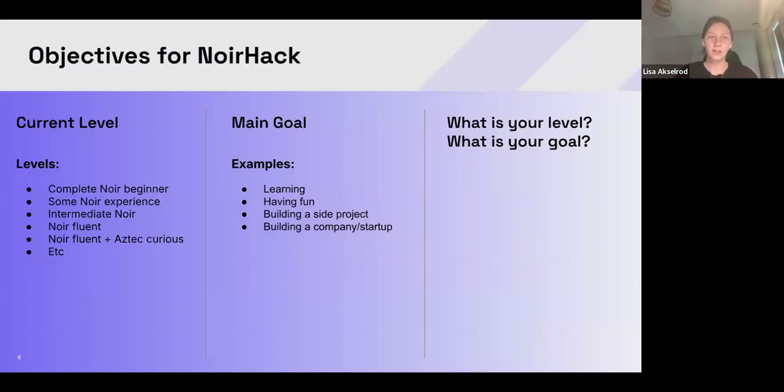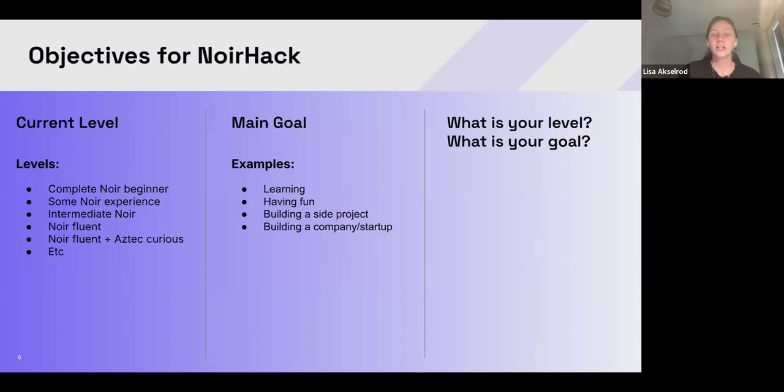First, level. And it's not a strict system. You can think about your level individually, but try to think what is your Noir level. Maybe it's complete beginner, maybe it's some experience, maybe it's really fluent Noir. And what is your Aztec level?